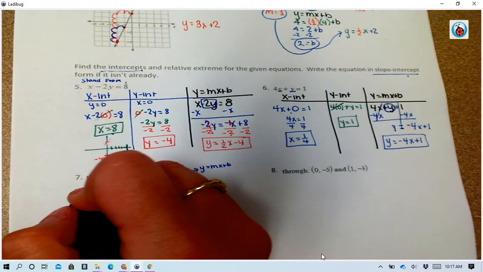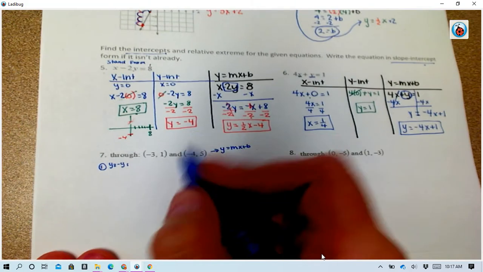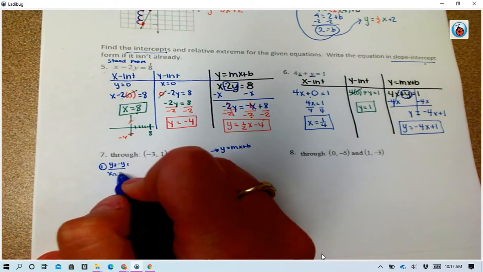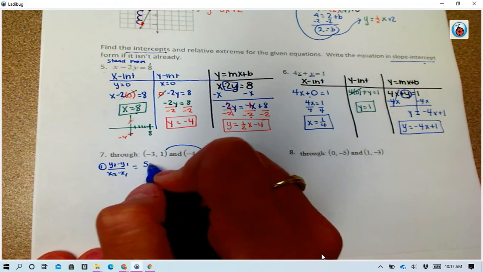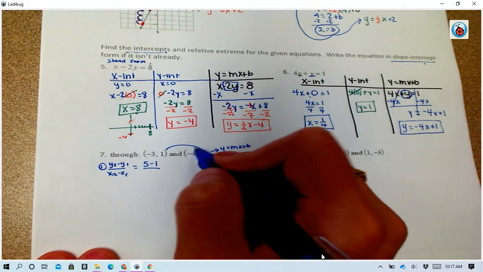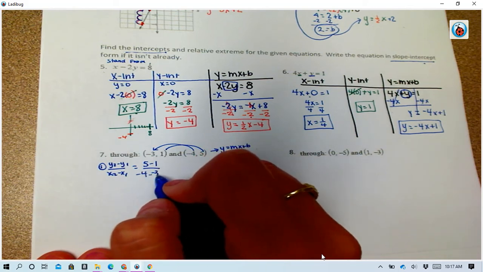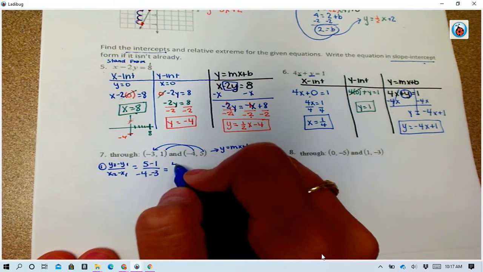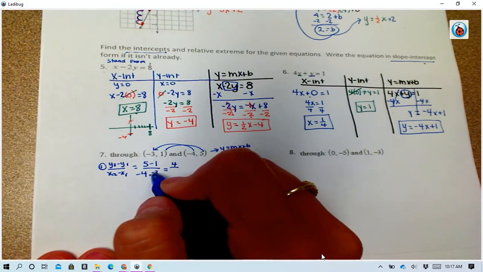First thing we have to do is find the slope, which is y2 minus y1 over x2 minus x1. So 5 minus 1 over negative 4 minus negative 3. 5 minus 1 is 4. 4 minus negative 3, we keep change.